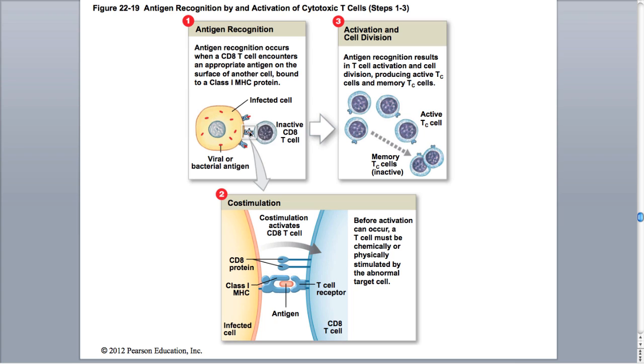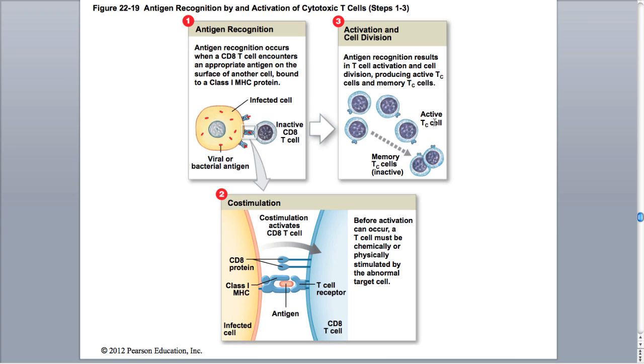Then, what do I have? I've got the presentation here. It activates it, and now I have two forms. I have the active cytotoxic, that's what that little C stands for. Here's the name on the top. Cytotoxic T cells.